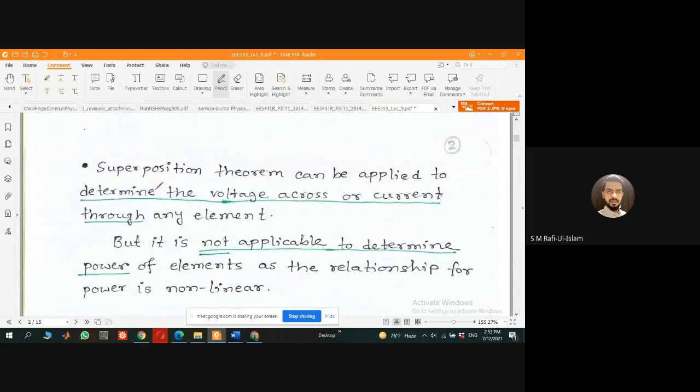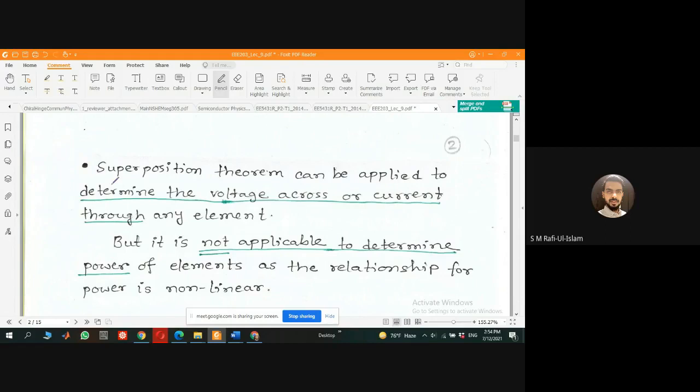Now the question: is the superposition theorem applicable in finding all sorts of electrical parameters or electrical responses, such as voltage or current, or a combination of voltage and current, such as power or energy?